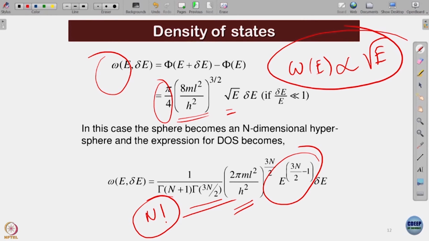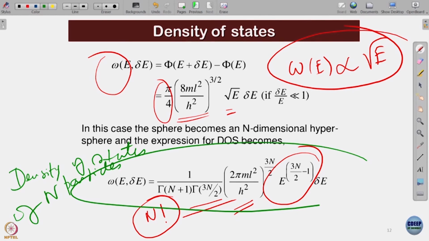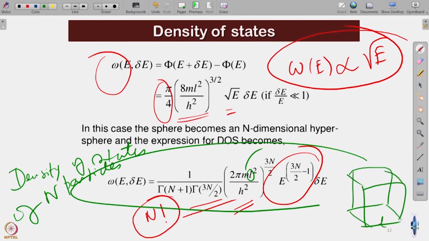So you now have the density of states of n particle systems. So this is the density of states of n particles in a cube of length L. So you have a cube in a hypercube of length L, and this beautiful thing now is omega E del E. It has to be proportional to del E, but del E is not the important quantity.